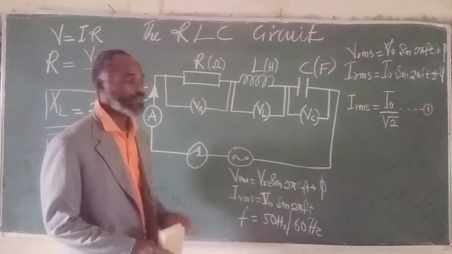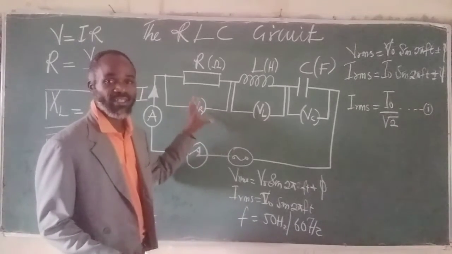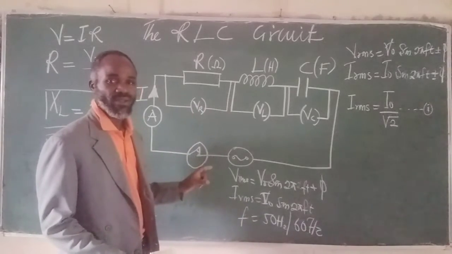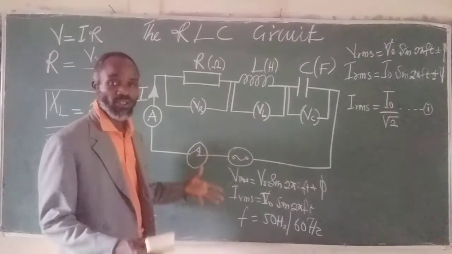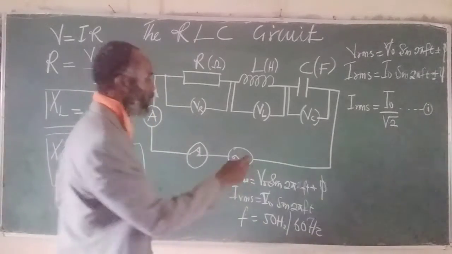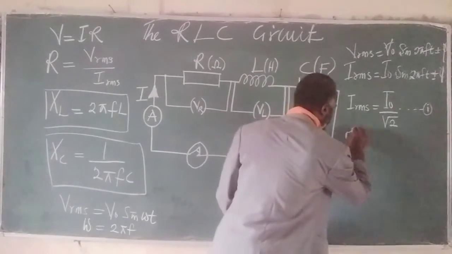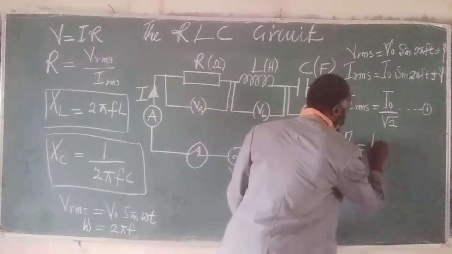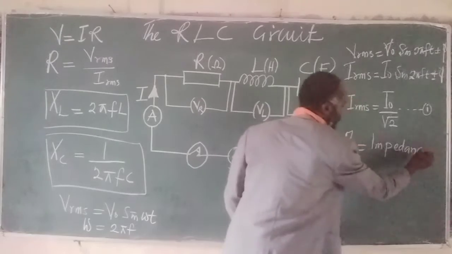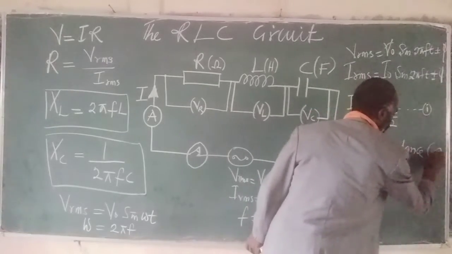I repeat, the impedance of an RLC circuit is the general opposition offered by the three components in this condition. So if we want to find the impedance, Z represents impedance. Impedance is also measured in ohms, okay?